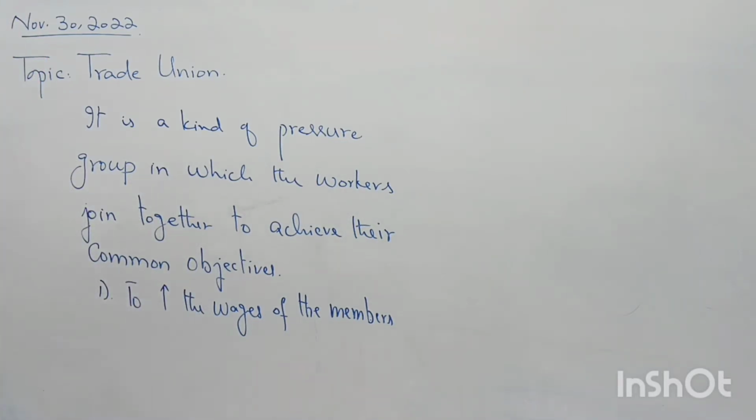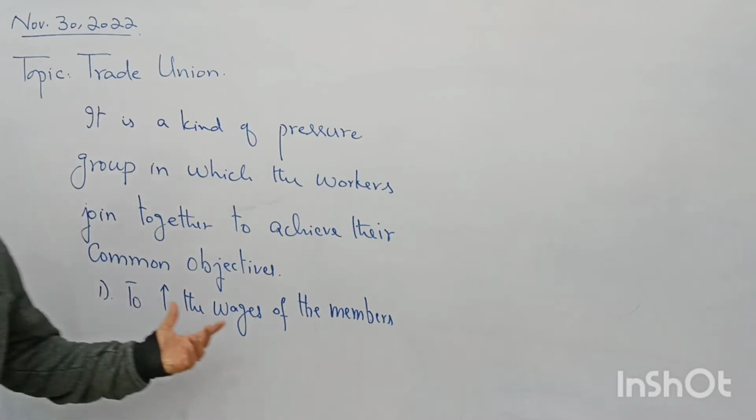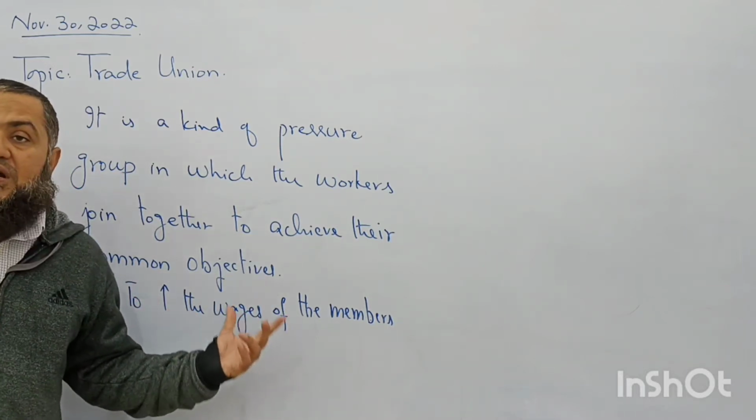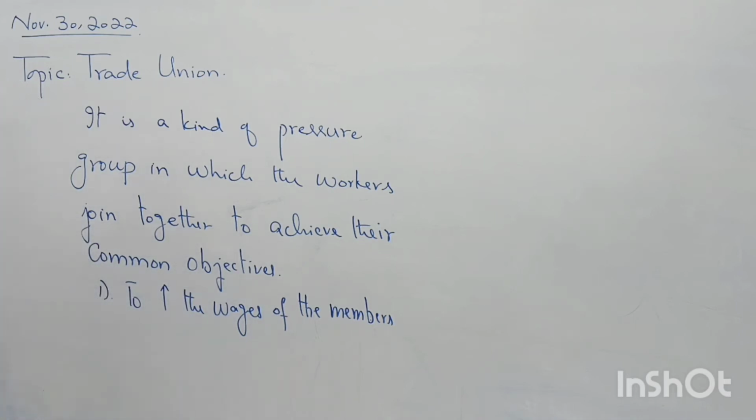They are unable to buy the same number of goods and services with their nominal income as they were buying before the increase in the general price level. Their real income has gone down, so they will raise a voice in order to increase the wages of the workers or the members of the trade union.